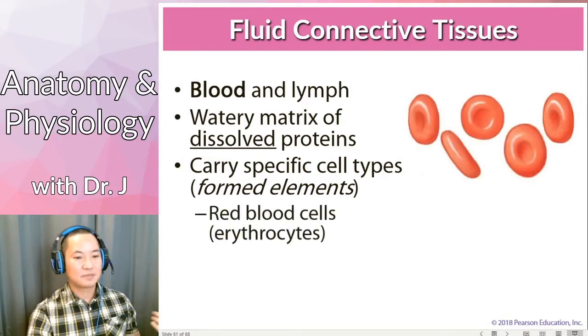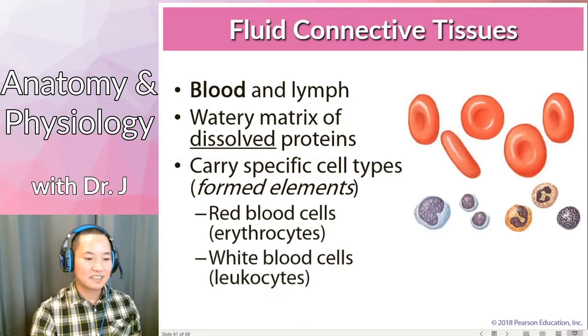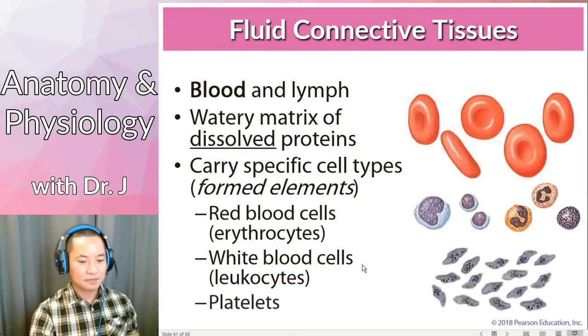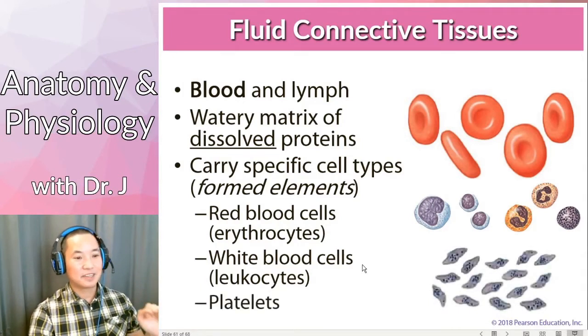Collectively they're called formed elements, and there are three broad categories: red blood cells, white blood cells, and platelets. There are actually many subtypes of white blood cells, so don't worry too much about them. Maybe macrophages, but don't worry about the other types for now. I think we cover that in more detail in PHYL 142.